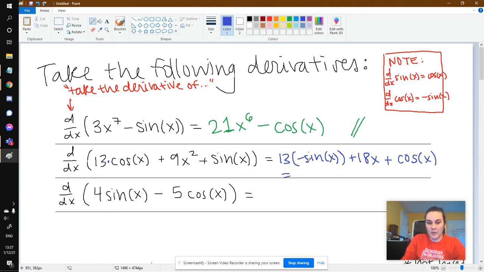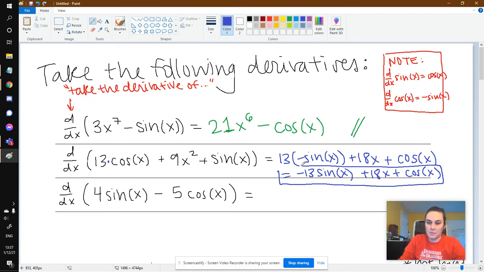I'm then going to rewrite this as negative 13 sine, instead of 13 times negative sine, it just looks nicer. And then all of this is already in its simple, nice form, so I'll just rewrite it. That's going to be the answer I submit. Box this one too for consistency.